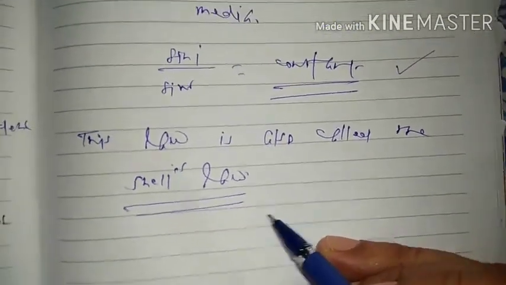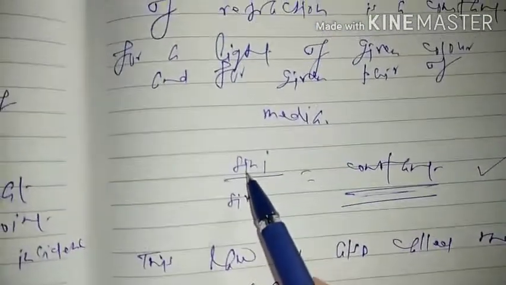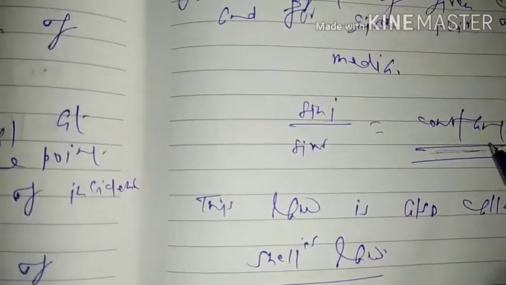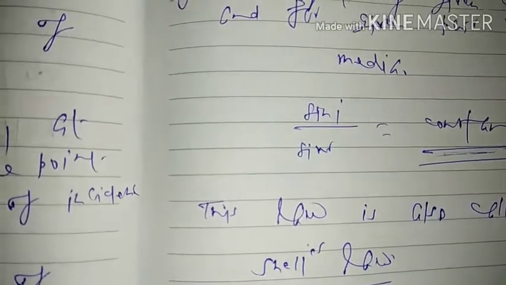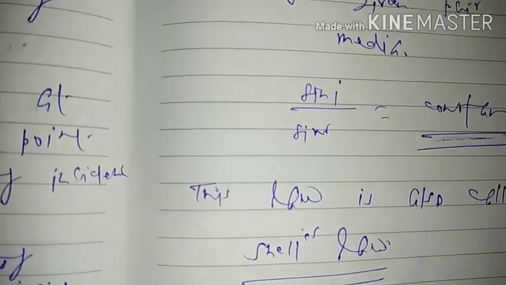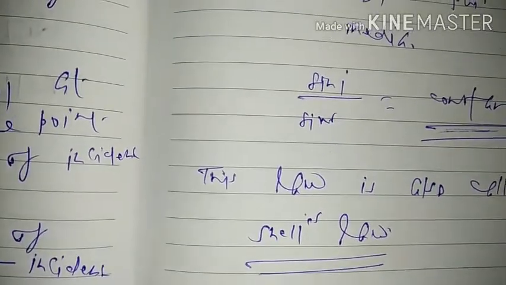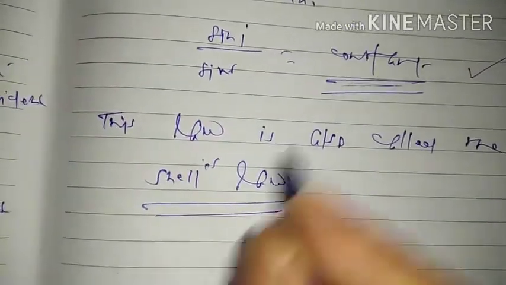Now, one thing is very important here. We say that ratio of sine of angle of incidence to sine of angle of refraction is equal to constant. But this constant value is called the refractive index of the second medium with respect to the first. So write it down clearly.